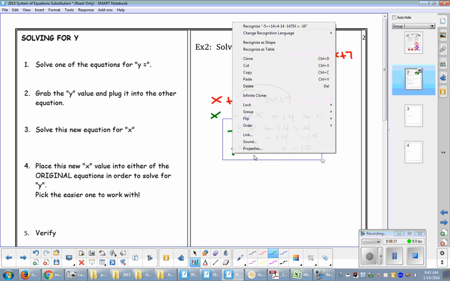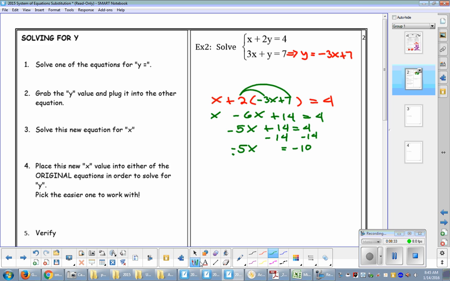And then divide by negative 5. We'll get x equals 2. Once you have the value for your x, you can now either use the first or the second equation. Or you can also use this.